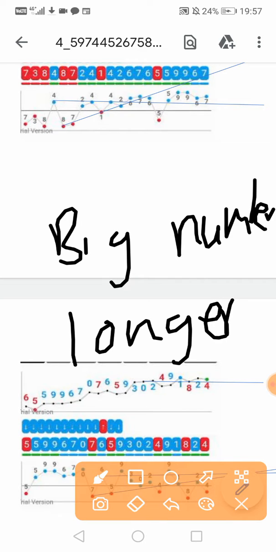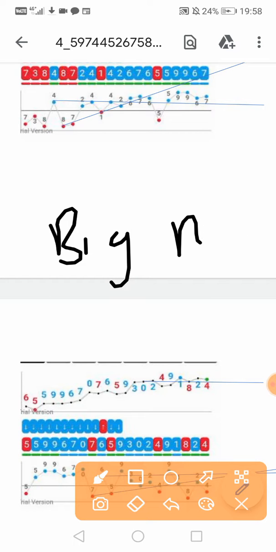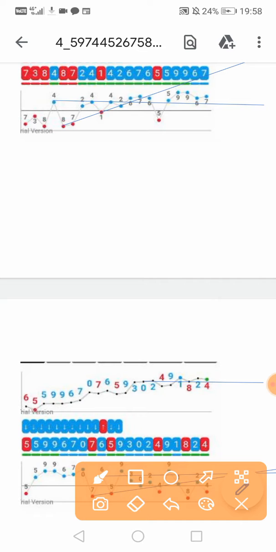Because the more numbers appear, the more you have smooth rising and smooth descending or decreasing, whatever you wanna call it. What do I mean by that? Okay, I'll do that in another video.